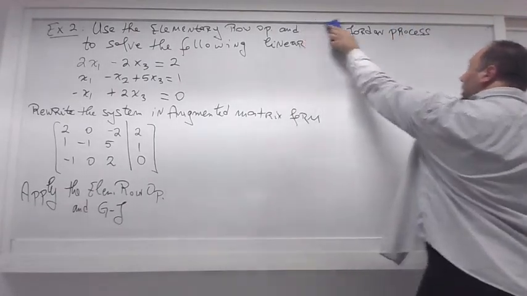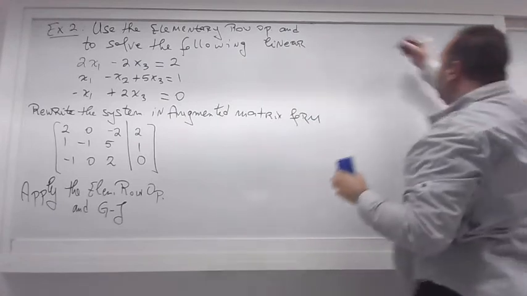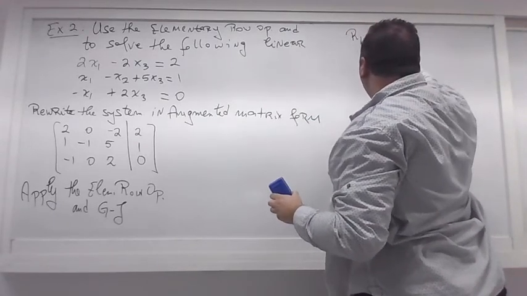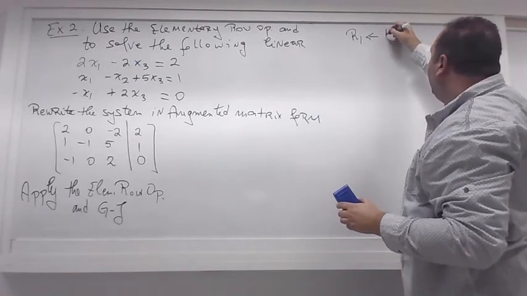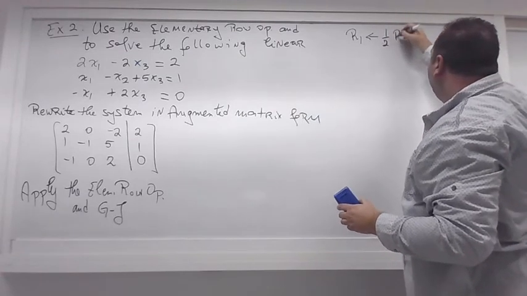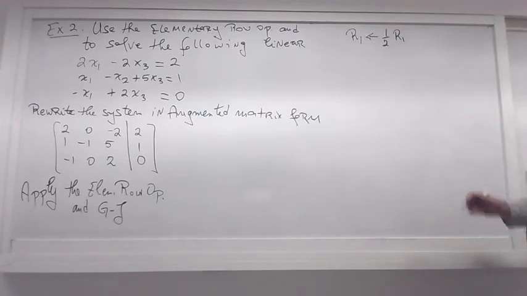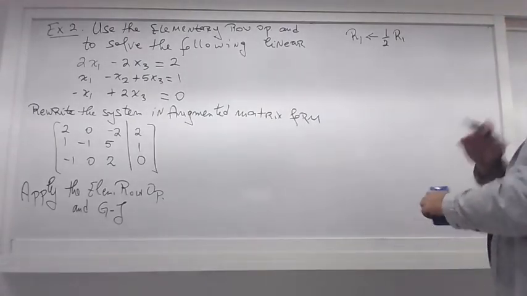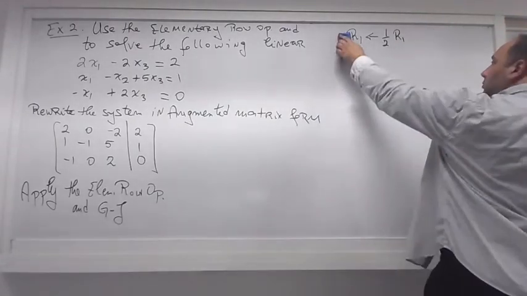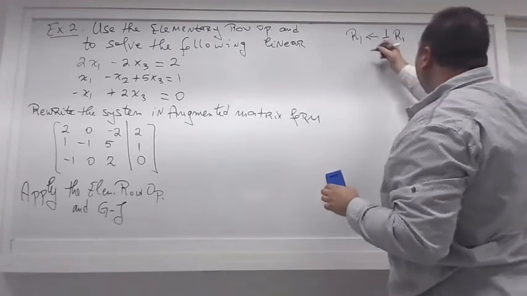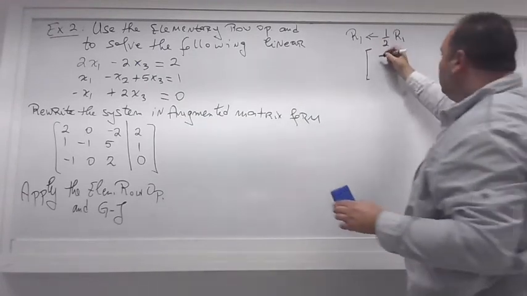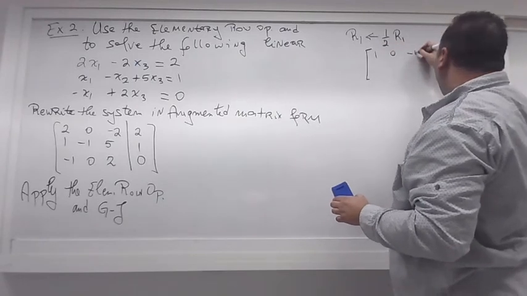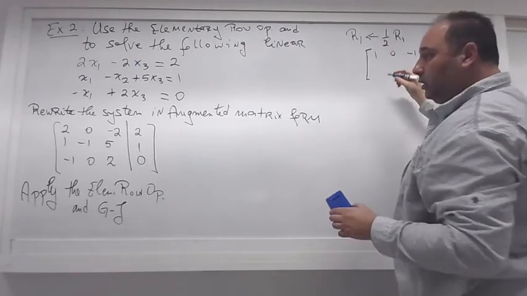I'll just clean to have some space. My choice is to replace row 1 by 1 over 2 times row 1. If somebody wants to swap row 1 and row 2, perfectly fine, no problem at all. Your choice. And then what I get from there is 1, 0, minus 1, 1, and the other two stay the same.